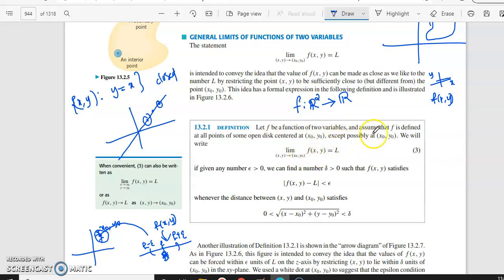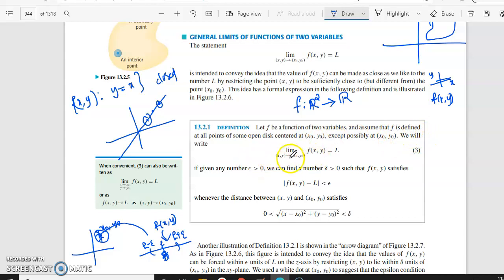So let f be a function of two variables and assume that f is defined at all points in some open disk centered at x naught, y naught. Okay, so the function is defined in an open disk which is centered at x naught, y naught. It need not be defined at the point x naught, y naught, but for all xy in the open disk the function is defined, except possibly at x naught, y naught.